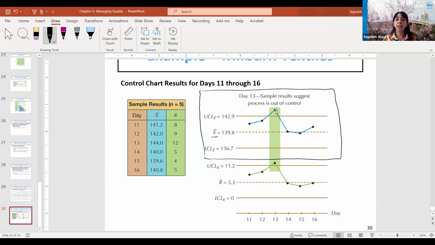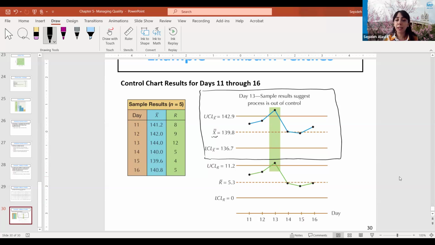For day 13, X bar is 144, which is outside the control limit. So it's getting out of control, and they have to investigate and see why that is happening. When they work on that, they can bring the process back to control. As we see, during days 14, 15, and 16, the values are within the control limit and it looks good.